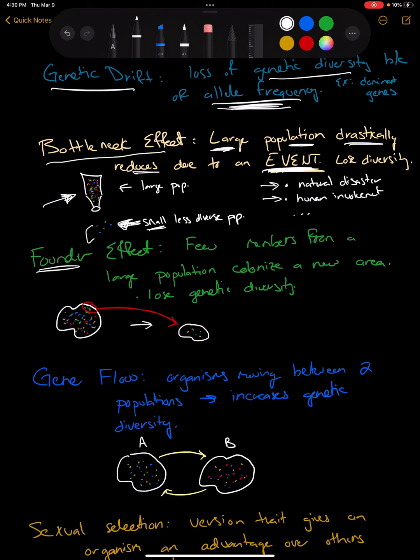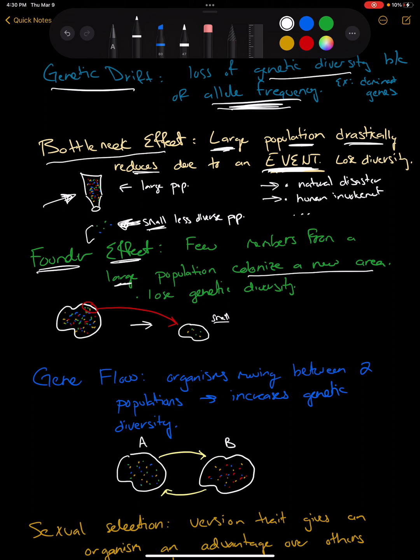Okay, now next idea. Now we have the founder effect. The founder effect is the same idea. I go from a large population to a small one right here, but it's not because of an event. It's because I'm going to colonize a new area. So if we pretend that this was an island, and this island had the green, the blue, and the yellow, and the red varieties, right? Variations within my population, but a few of those flew, or they left and they went to a new area.